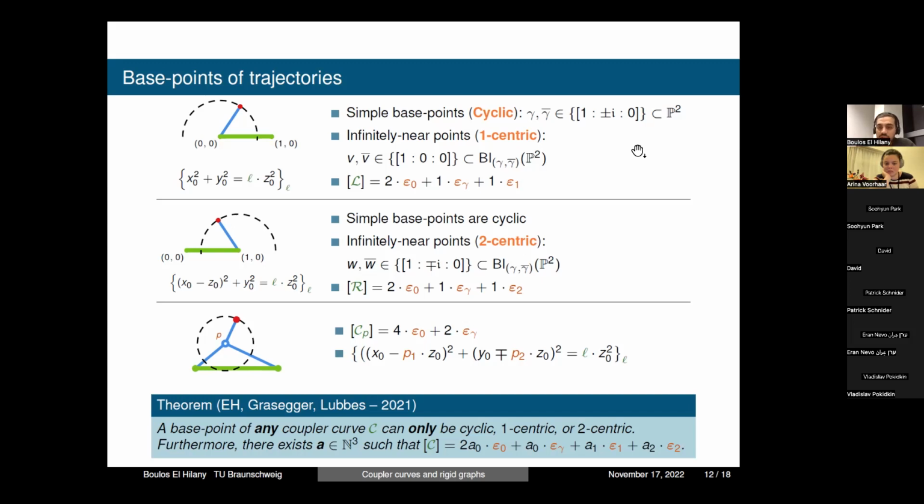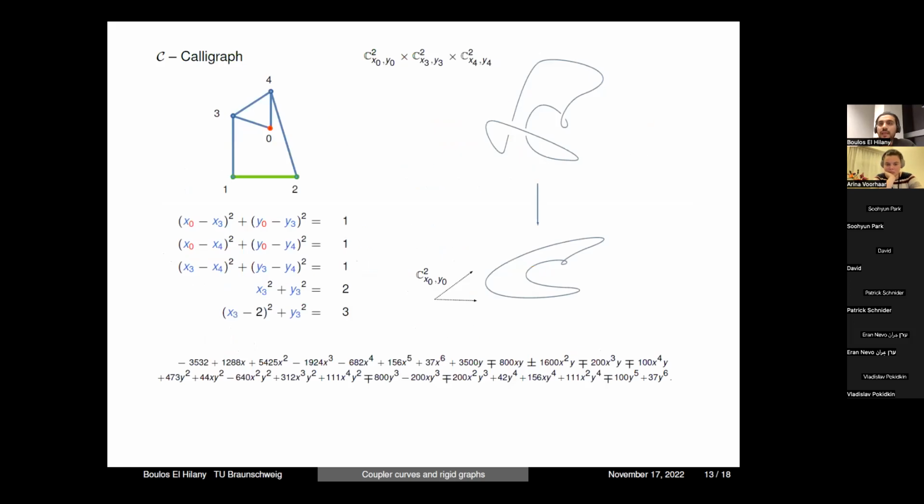So how is this useful for us? Before going to this, let me give you an example. Let's say I have this as a linkage, and this is described by a system of polynomial equations. This is not too accurate, but it looks somewhat like this. This first equation corresponds to this one, the second equation corresponds to this, and so forth.